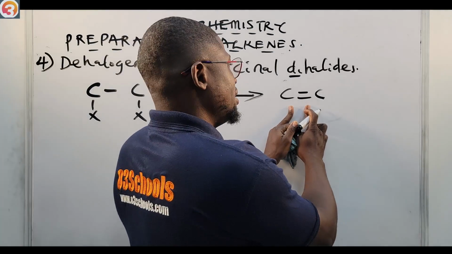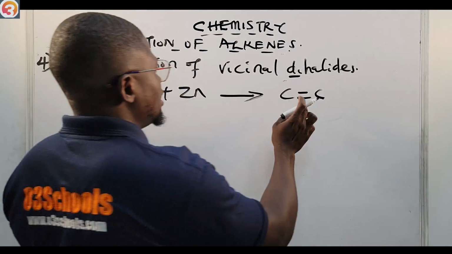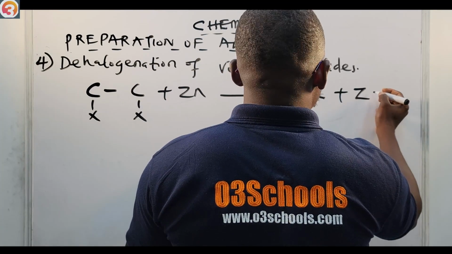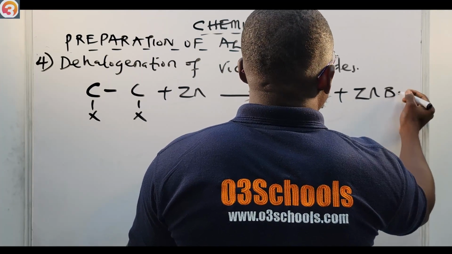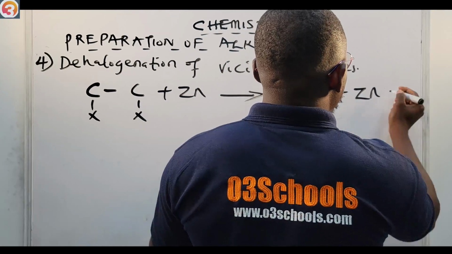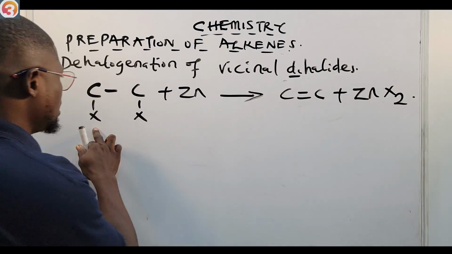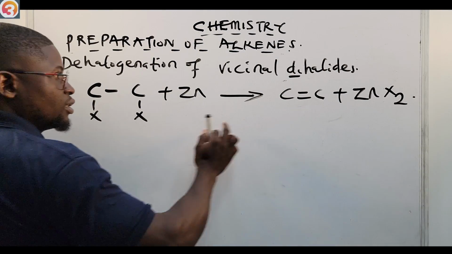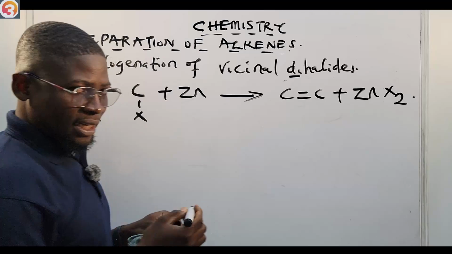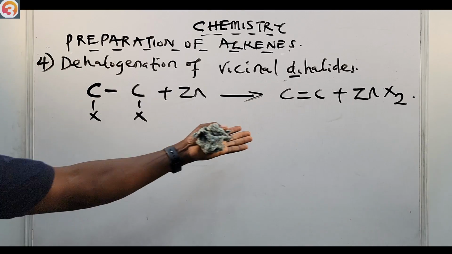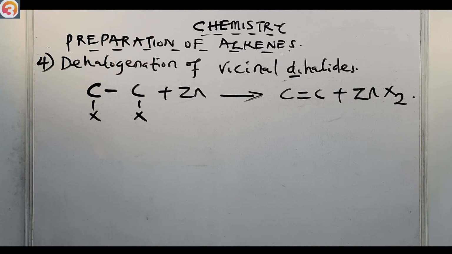Plus ZnX2. These two halogens will combine with the zinc on the product side.